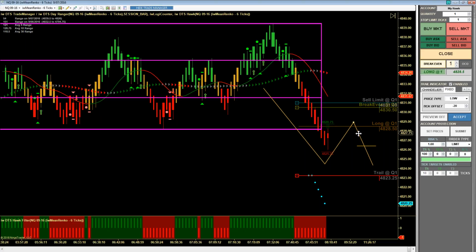If the sellers do not confirm the breakout, well then the market's just going to re-enter the trading range. And it will go up here and try to retest the highs eventually. So the safest way to trade a sideways market is to avoid it until it breaks out and proves to you that it can stay out.